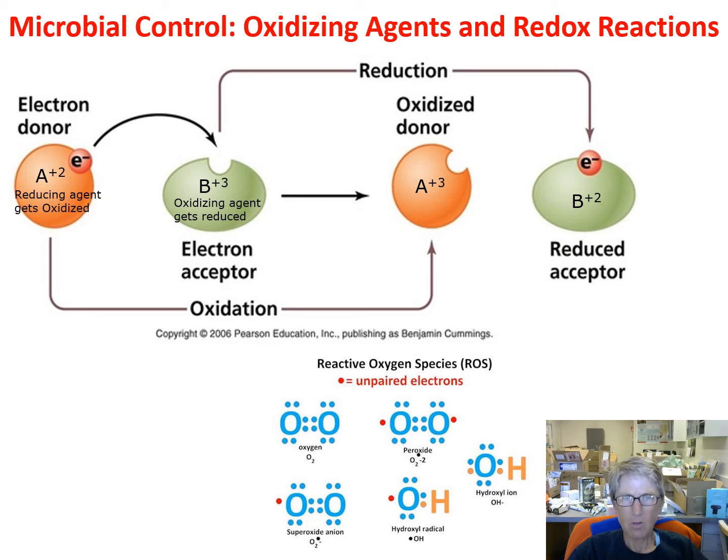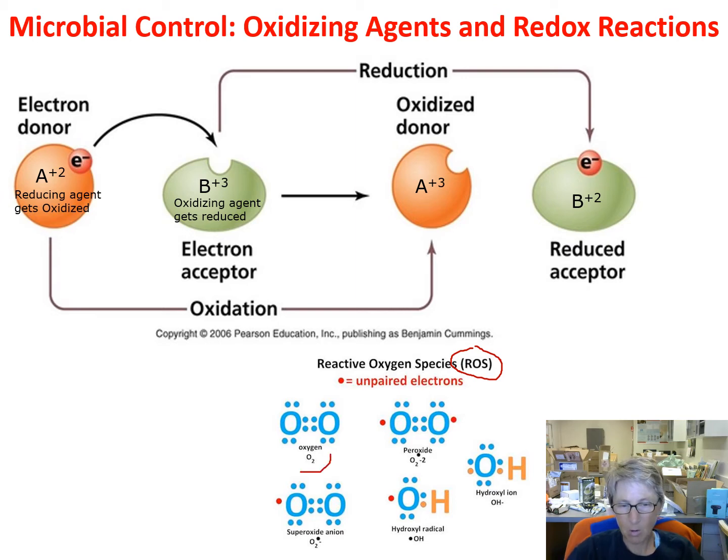These redox reactions, which I just talked about, are going on all the time in your body. And if you're giving up an electron, you always want another molecule to be there to accept the electron. But if that's not the case, then what you get are these things called reactive oxygen species, ROS. And they'll have unpaired electrons.